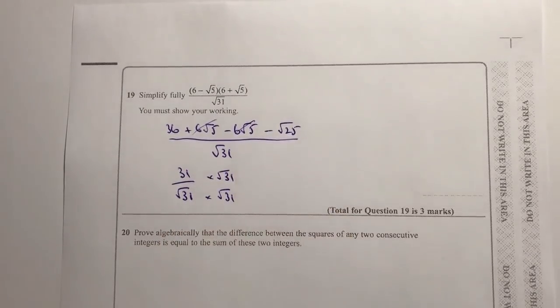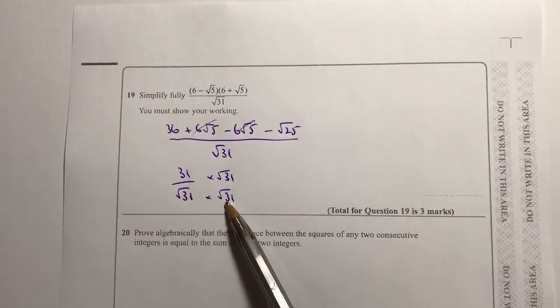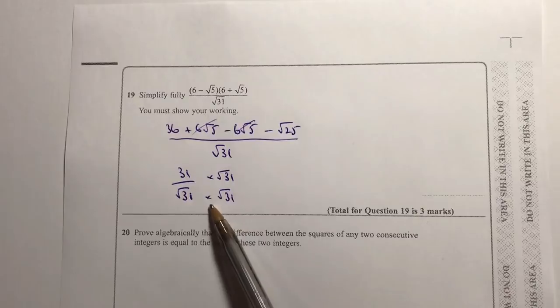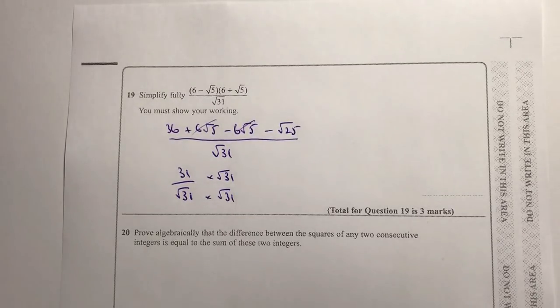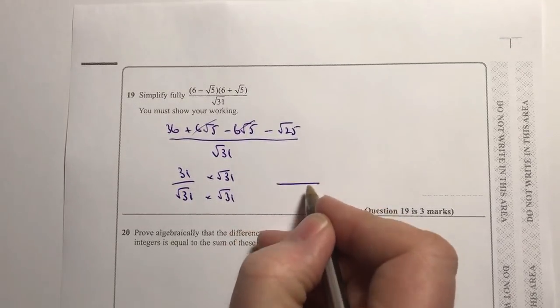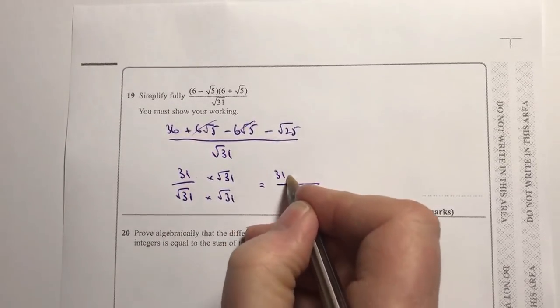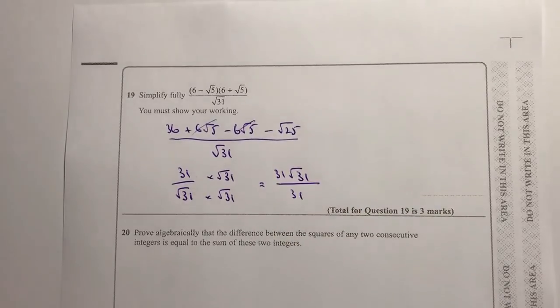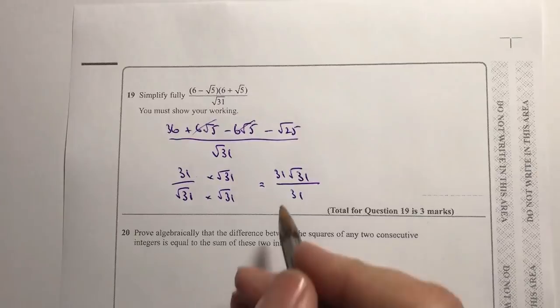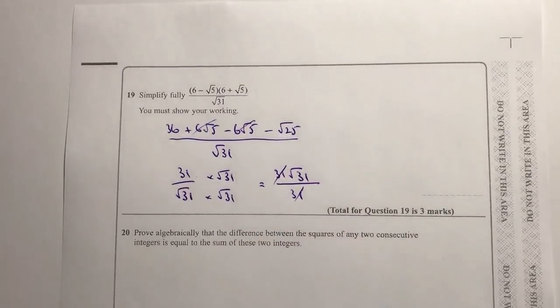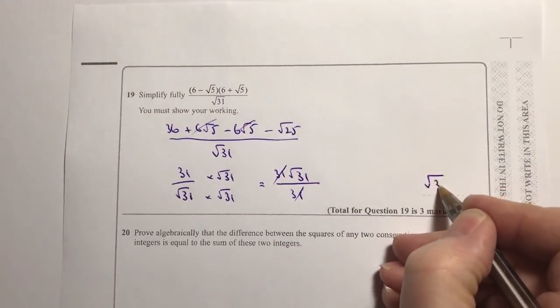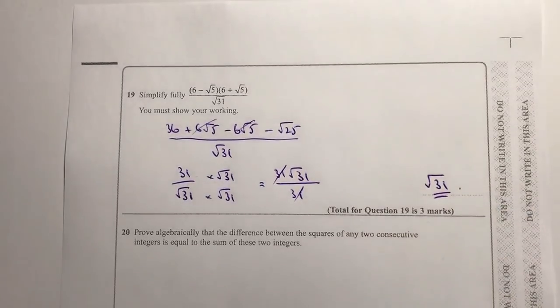The bottom then becomes the square root of 31 times 31, which is actually just 31. So that's 31 at the bottom, and then at the top I've got 31 times root 31. Now, even though it looked a little bit awful to begin with, I can just cancel out those 31s and I get the square root of 31 as my answer. Hope that's all right for you.